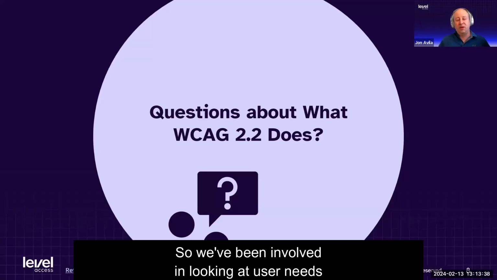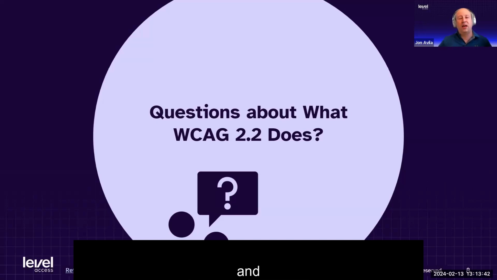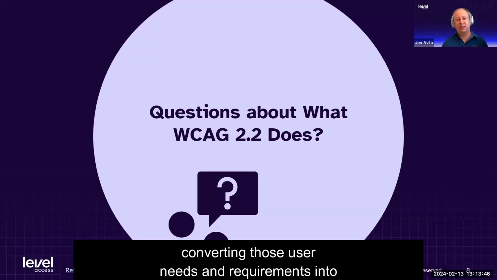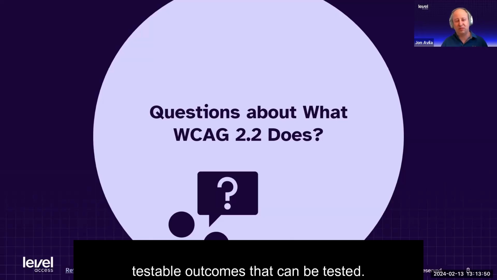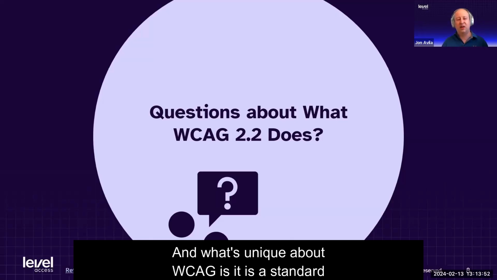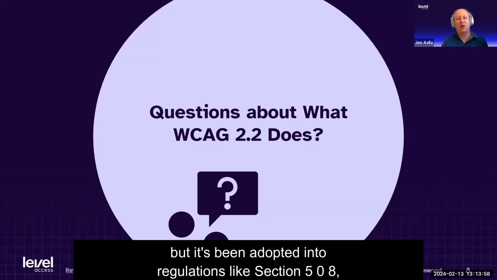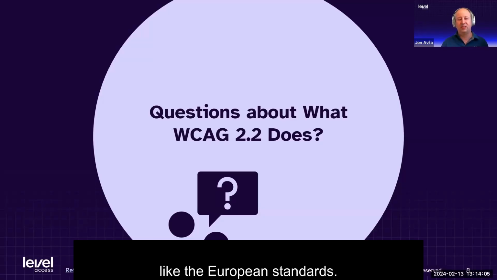So we've been involved in looking at user needs and converting those user needs and requirements into testable outcomes. What's unique about WCAG is it is a standard, but it is voluntary, but it's been adopted into regulations like Section 508 and the European standards.